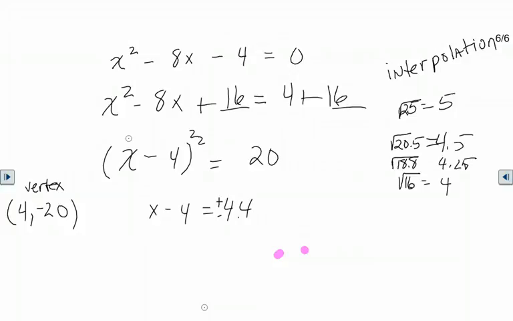Then you have to use your calculator to get it down to the 100th or whatever. Okay? X is equal to positive or negative 4.4 plus 4. And that's going to be 8.4, is one X-intercept. And negative 4.4 plus 4 is negative 0.4.